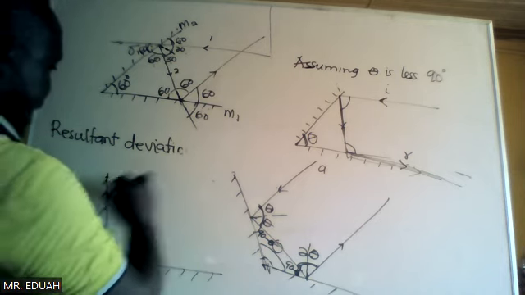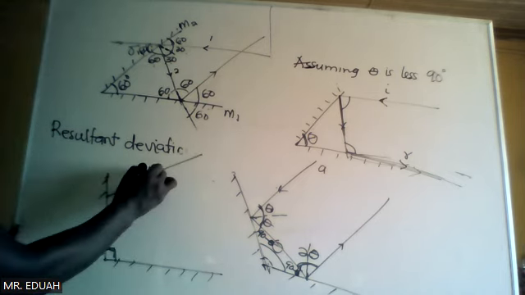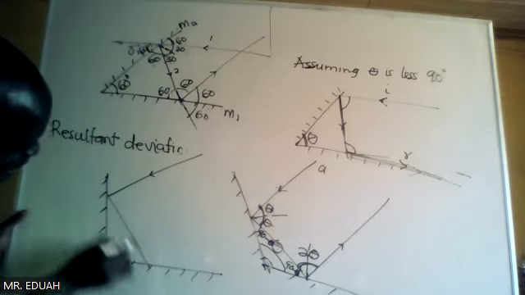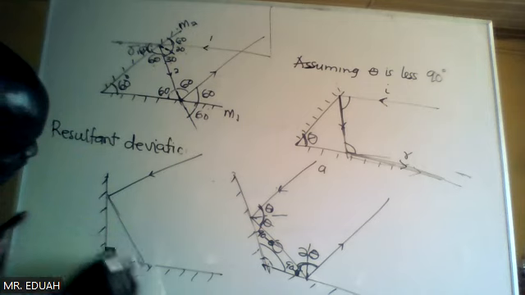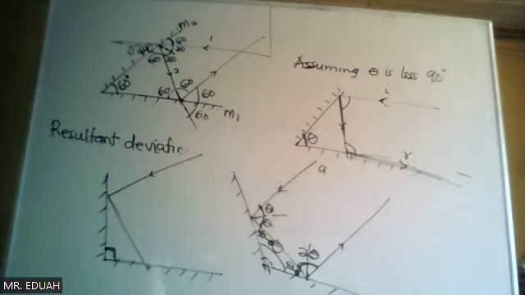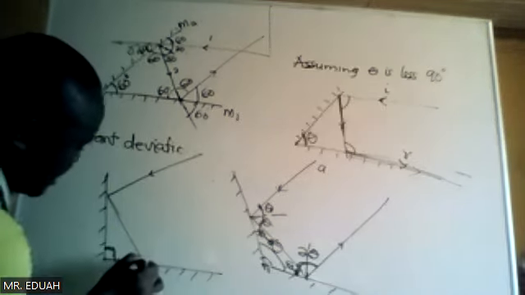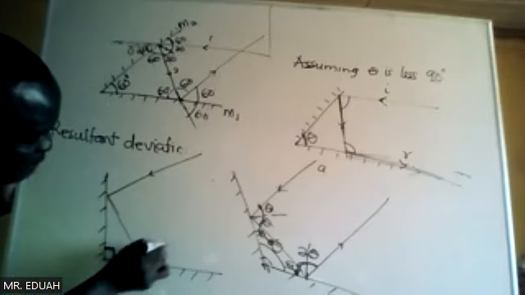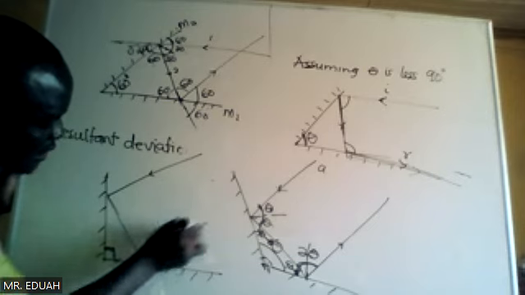So an incident ray reflected. This is a reflection from this, but the reflected ray to the second mirror must be directly parallel to this one.